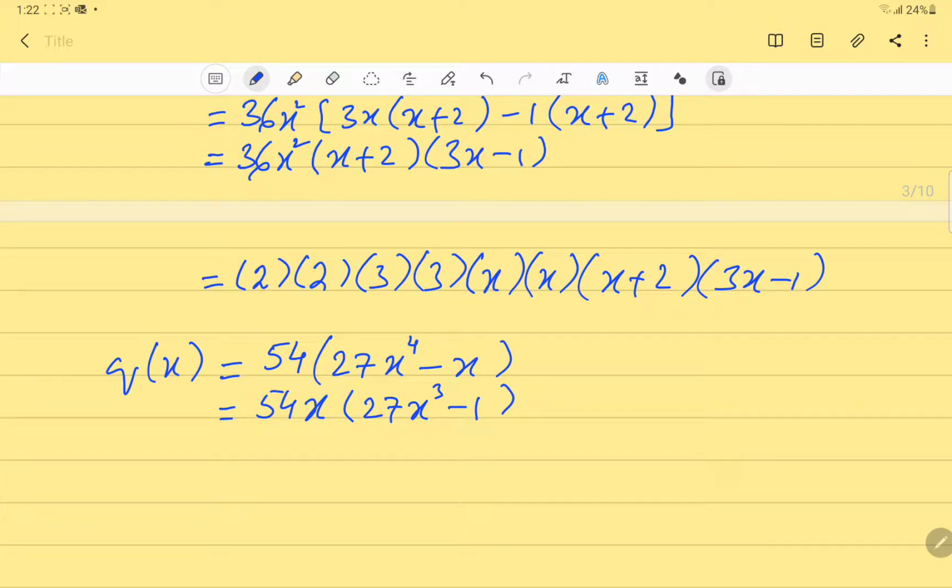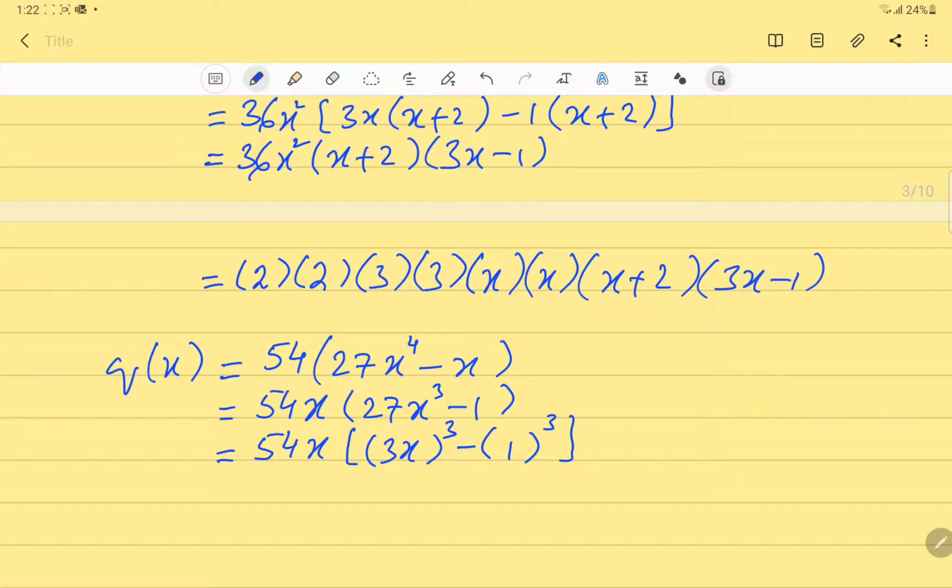Now you can see that both the terms inside the bracket are a complete cube, so we can write it like cube of 3x minus cube of 1.